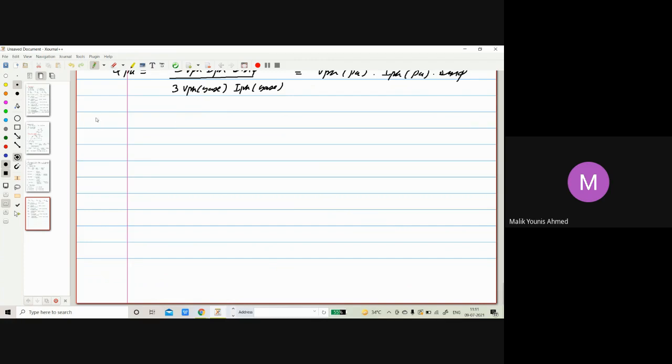Next, again, we can make some notes. Note number one will be again the same: no concept of 3 or under root 3 in power representation of delta connection also.